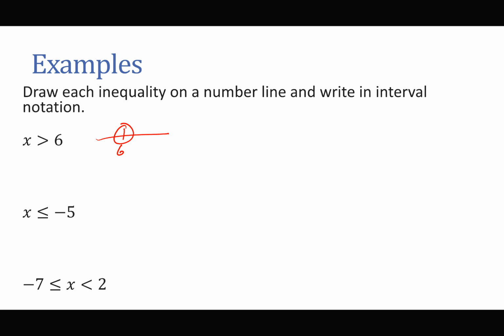I'm not going to include 6 because its x value is greater than, so 6.0001 is where I'm going to start, and then it's going this direction. So x has to be greater than 6. If I were to write this in interval notation, I would have a parenthesis around 6 because I'm not including 6 all the way up to infinity, and then always a parenthesis around infinity.